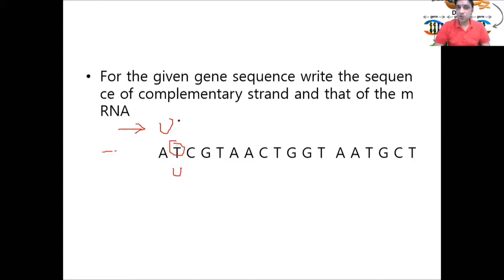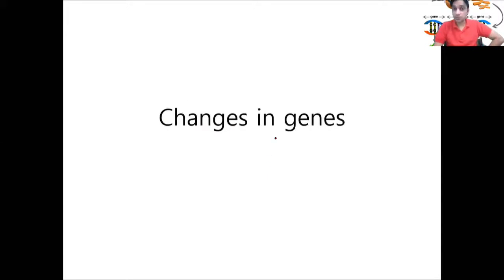Every T is supposed to be complemented with the A. So every T will be represented on the RNA with A. Every C will be represented by G, and every G will be represented by a C. Every T will be represented by an A, and every A will be represented by the T. But since the T is not present, I am writing here U, which is a different base present in the RNA. So these are the very simple questions which some people might be asking you.